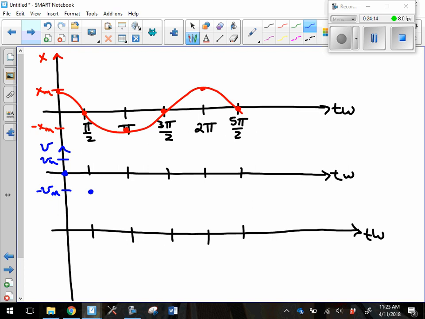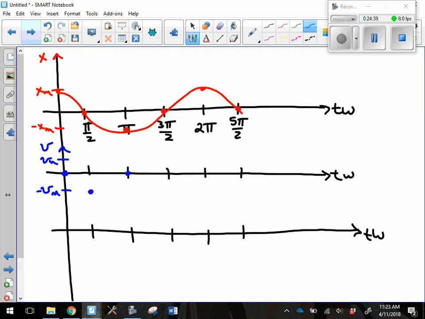How about if omega t is pi? What's my velocity going to be? Shouldn't have to guess. You know what the sine of pi is. Okay. If omega t is 3 pi over 2, what's the sine of 3 pi over 2?